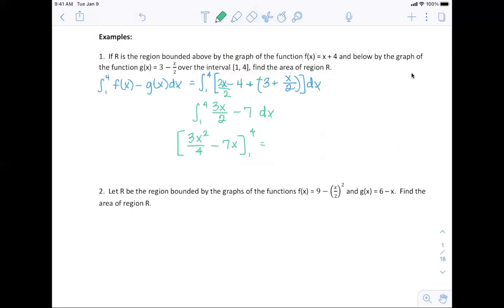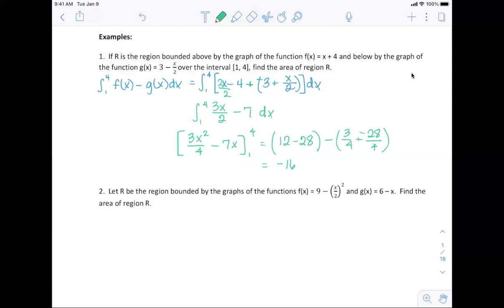Remember, using our fundamental theorem of calculus, we're going to do f of b minus f of a. So the first one, if I plug in 4, I'm going to get 12 minus 28 minus, if I plug in 1, I'm going to get 3/4 minus 7, which is 28/4. I'm going to go ahead and call it that way. And we get negative 16.